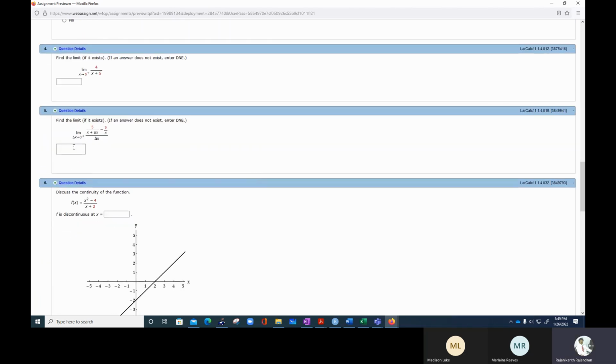You mean this one, finding the limit? Yes, sir. Okay, so find the limit if it exists. What will happen if you try to plug in? Can we simplify this numerator? Let us simplify this.